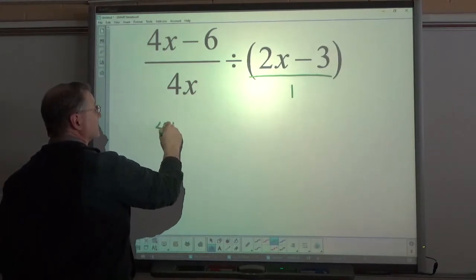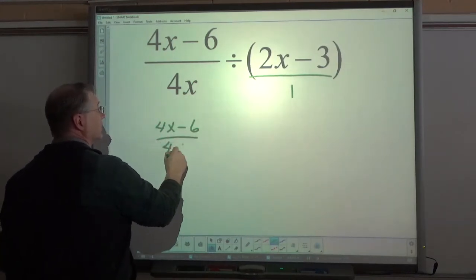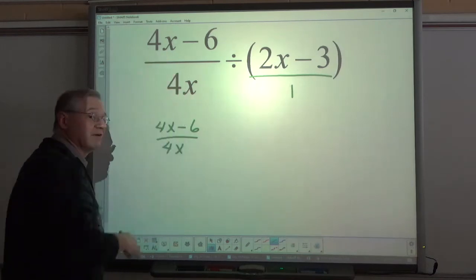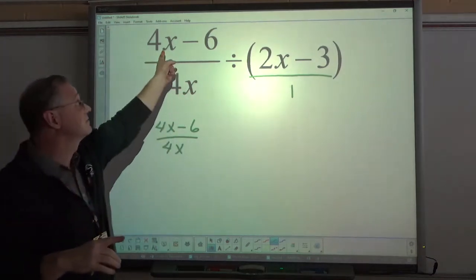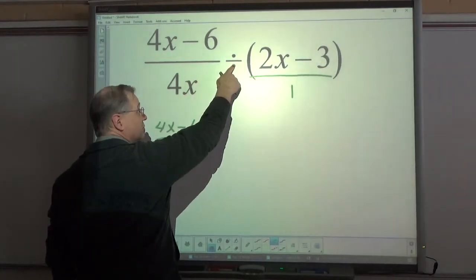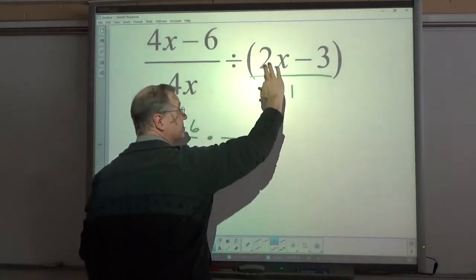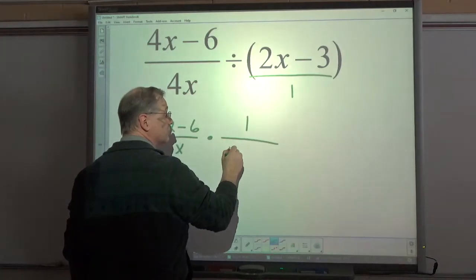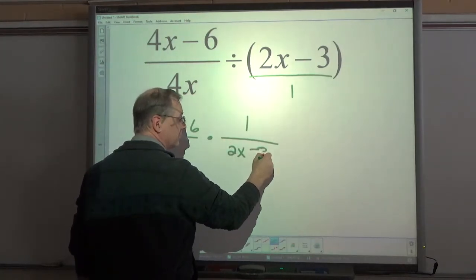So 4x minus 6 over 4x. You want to reduce that 4x and the 4x? You can't do it. This is part of an addition or subtraction. Times, change to multiply, and take the reciprocal, 1 over 2x minus 3.